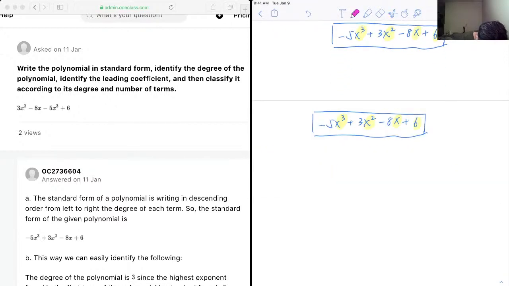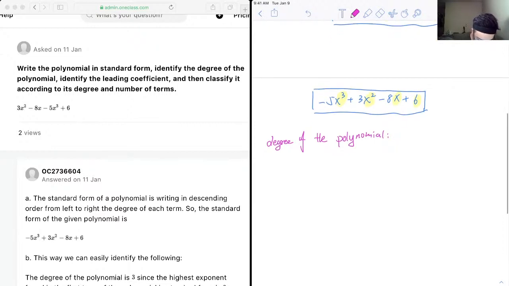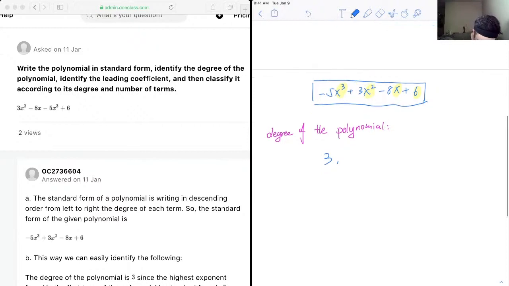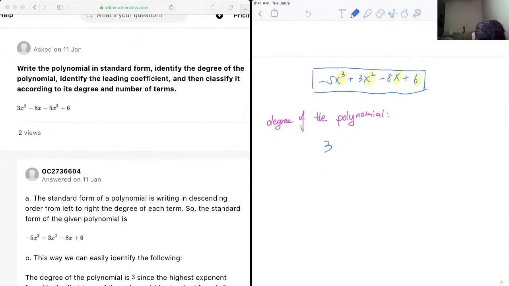So, the degree of the polynomial in this case should be 3, since the highest exponent found in the first term of the polynomial in standard form is 3. Let's write the reason here.